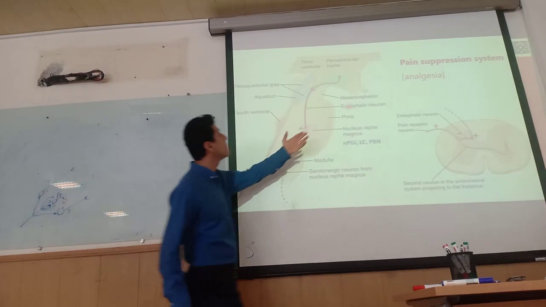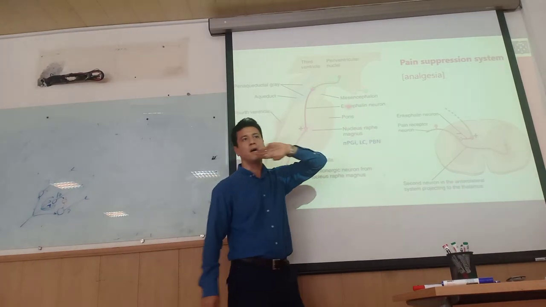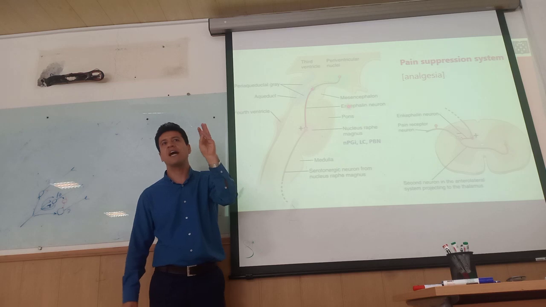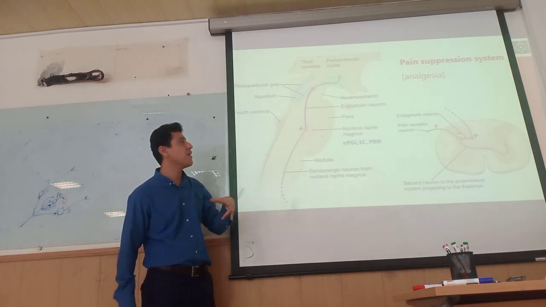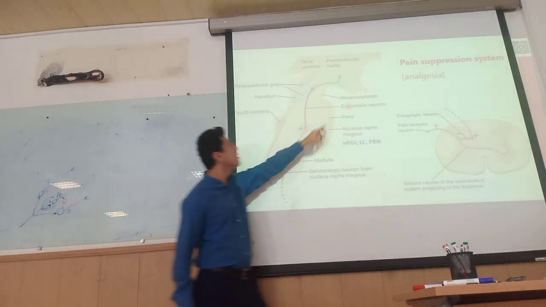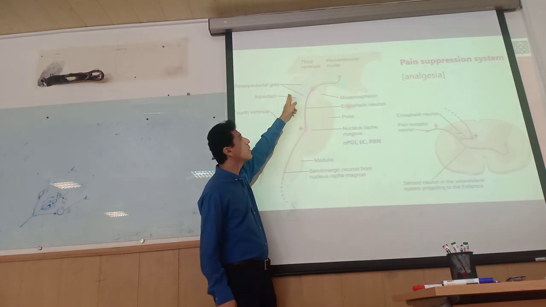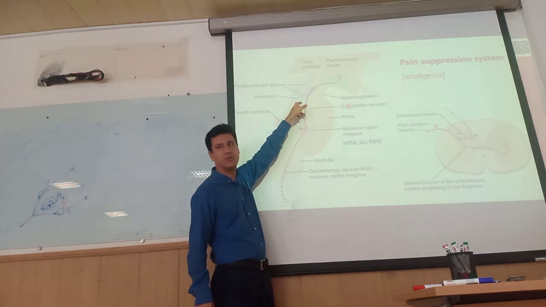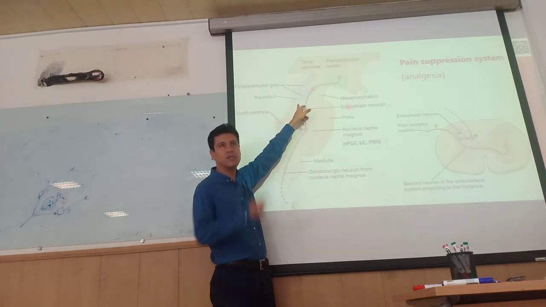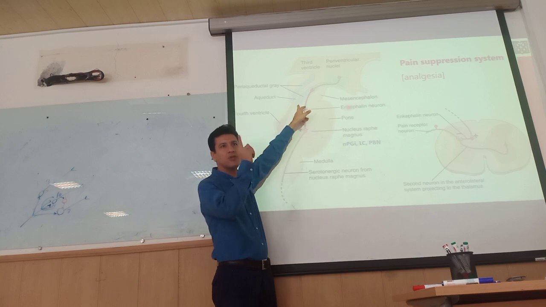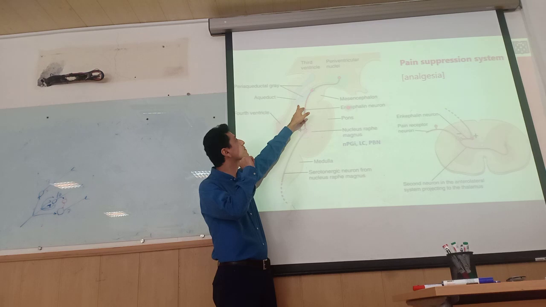Everything starts from periventricular nuclei in the thalamus and hypothalamus, mainly, okay? So fibers go to periaqueductal gray matter. You know this? PAG, it's around the cerebral aqueduct, right? So PAG.